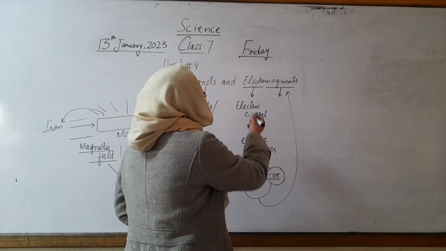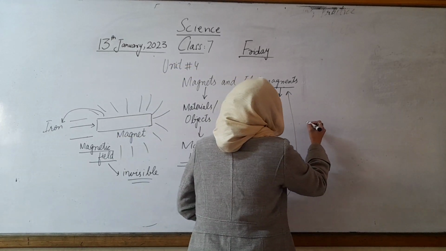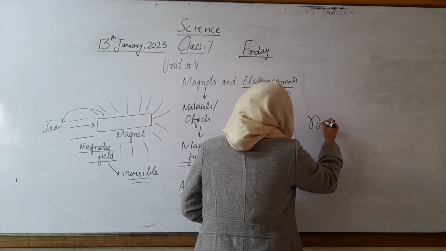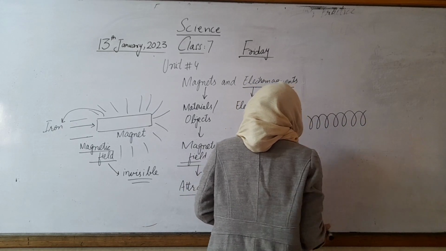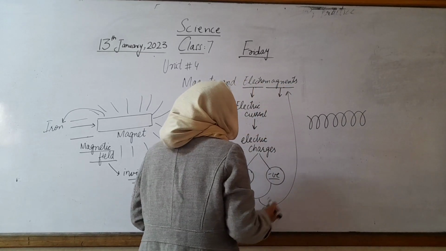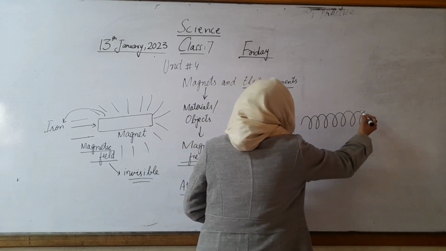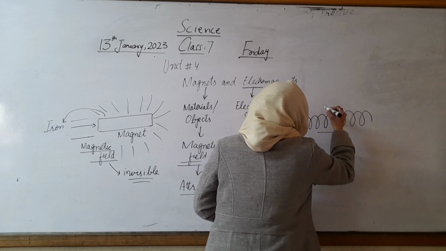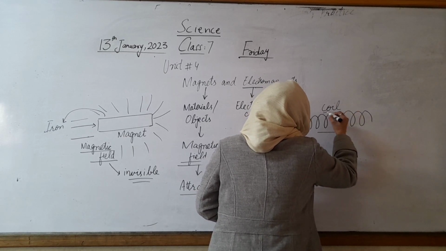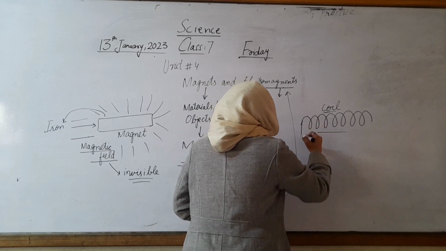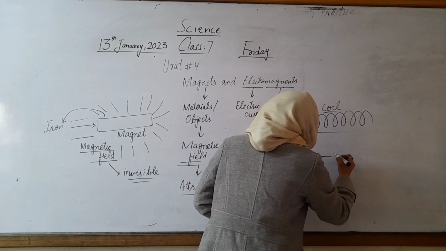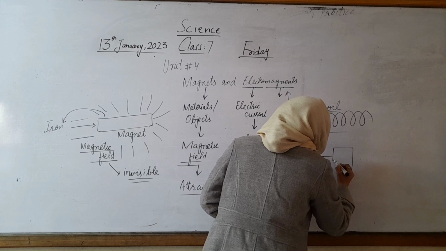We can construct electromagnets by coiling the metallic wire in this manner, and we attach this coil with the battery having two terminals.